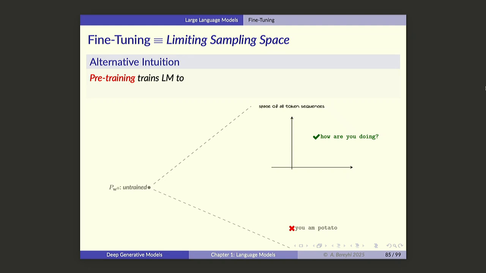So initially, when you are starting with an untrained model, it's just shooting any sequence. It can generate pretty much any sequence in this huge space. But what you know is that in the language, not all of those sequences are valid. A lot of sentences I can write here right now have zero meaning, wrong syntax.